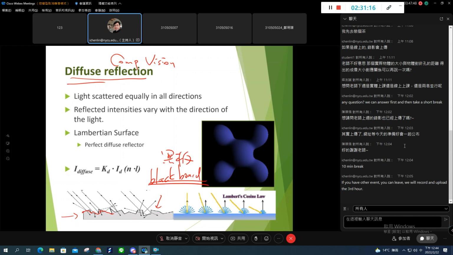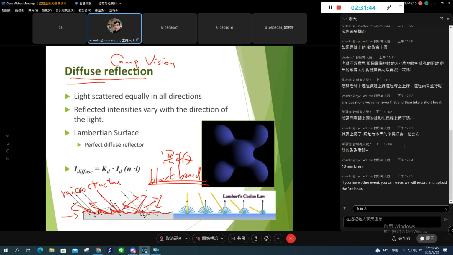Even though you can see it looks smooth, its microstructure is actually quite rough, and there are some tiny planes over there. So whenever light reaches the surface, it will be reflected to all possible directions.